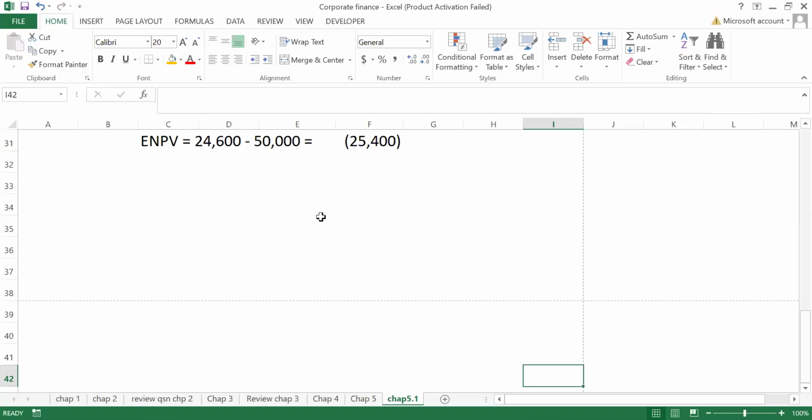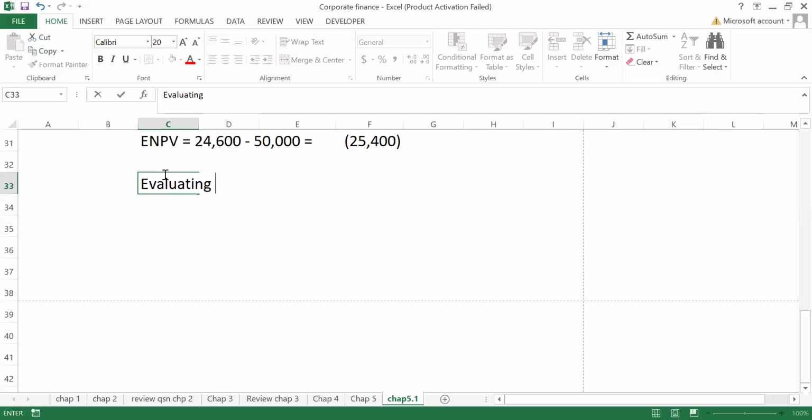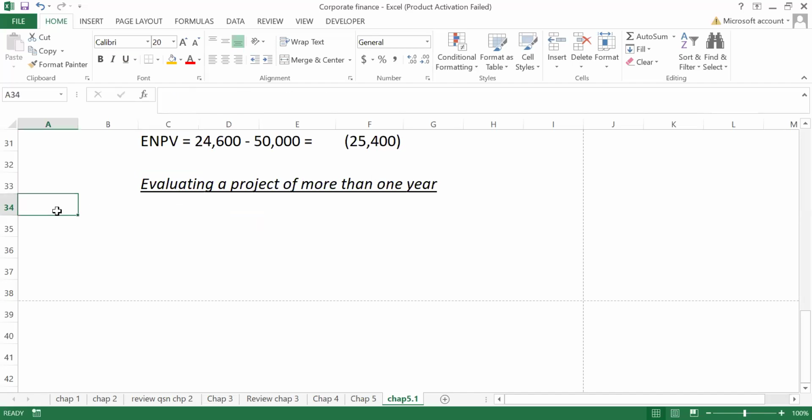In that case, you can either use a decision tree, which I think you have looked at in performance management, or you can use a payoff table to evaluate a project of more than 1 year.